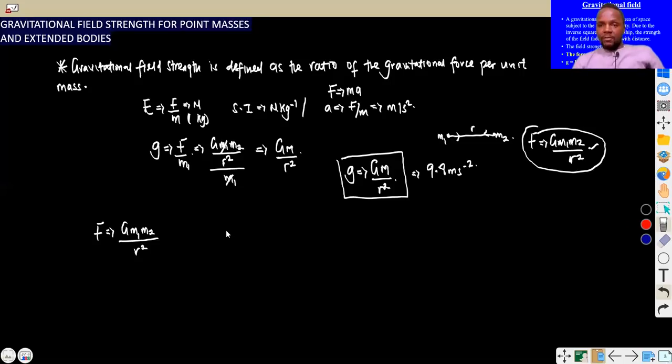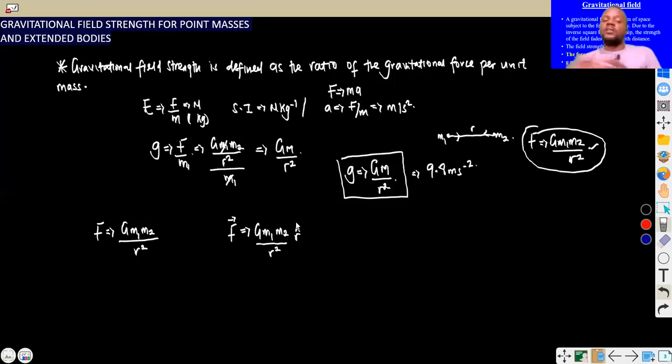So if we represent that in vector form, remember the direction of the force vector. The F vector is now equal to G M1 M2 divided by R squared multiplied by R cap. And R cap only shows the position vector of the first point with respect to the second point.